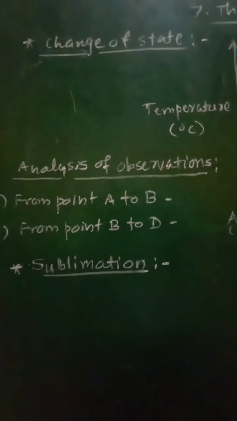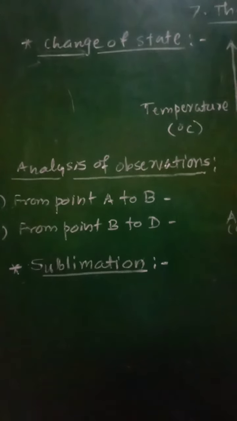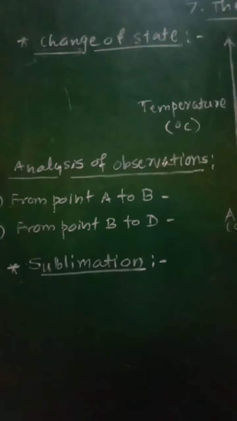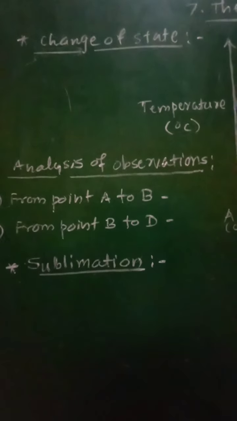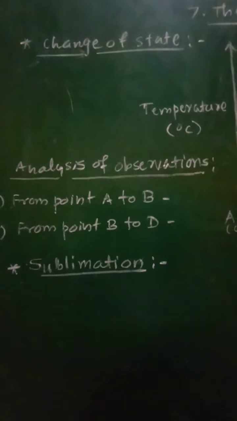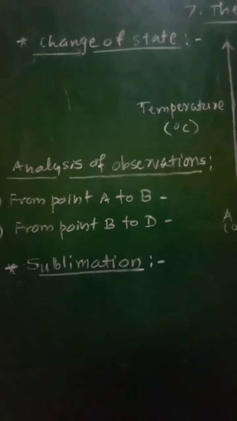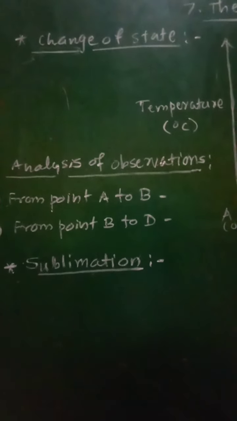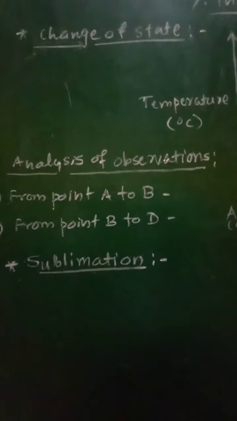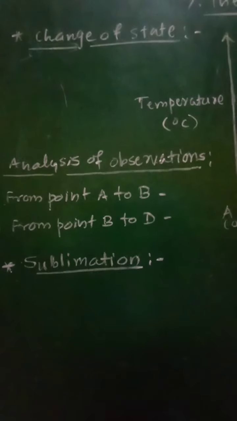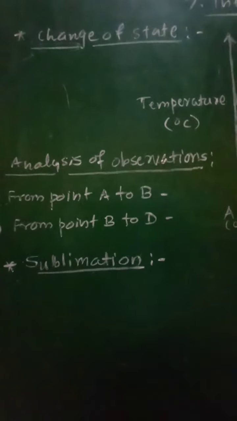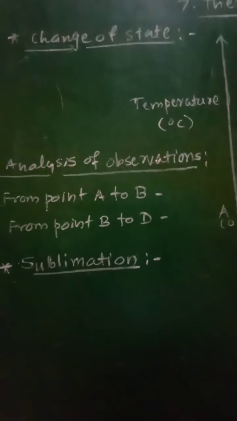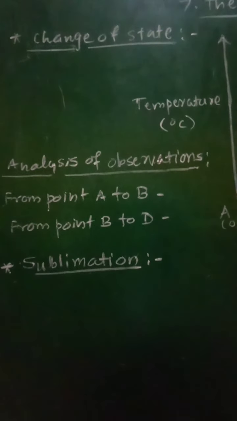The change from solid state to vapor state without passing through the liquid state is called sublimation, and the substance which shows the property of sublimation is called a sublime.